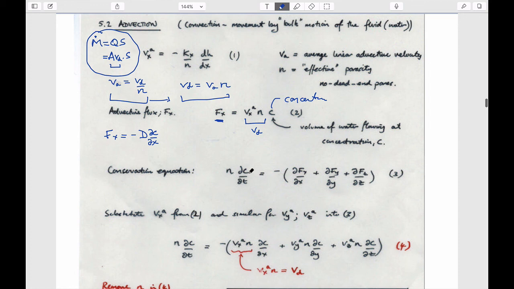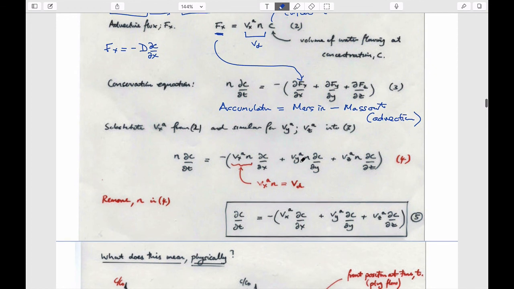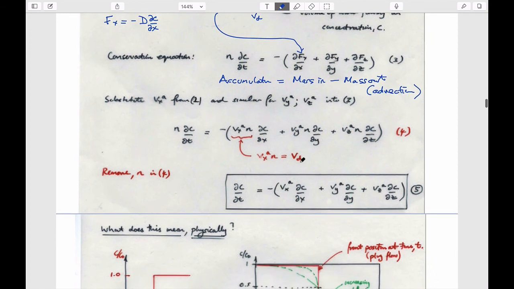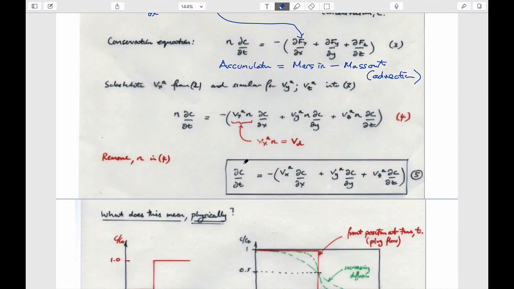If you take this and you take the same conservation equation, accumulation being equal to mass in minus mass out, and this time not for diffusion but for advection, where this flux here is the advective flux, and you rearrange it, exactly the same procedure as before, then we end up with an equation that looks a bit similar to before.